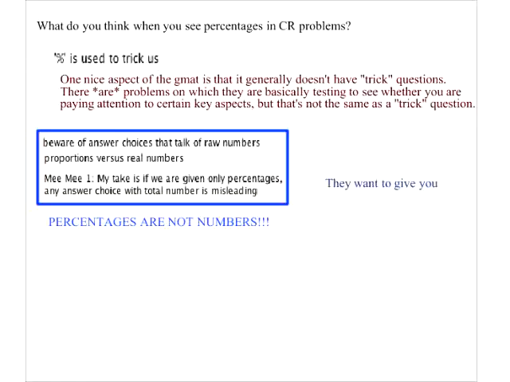They want to give you problems that don't require extensive calculation, if they require any calculation at all. So they want to give you problems that test the concepts behind the math.